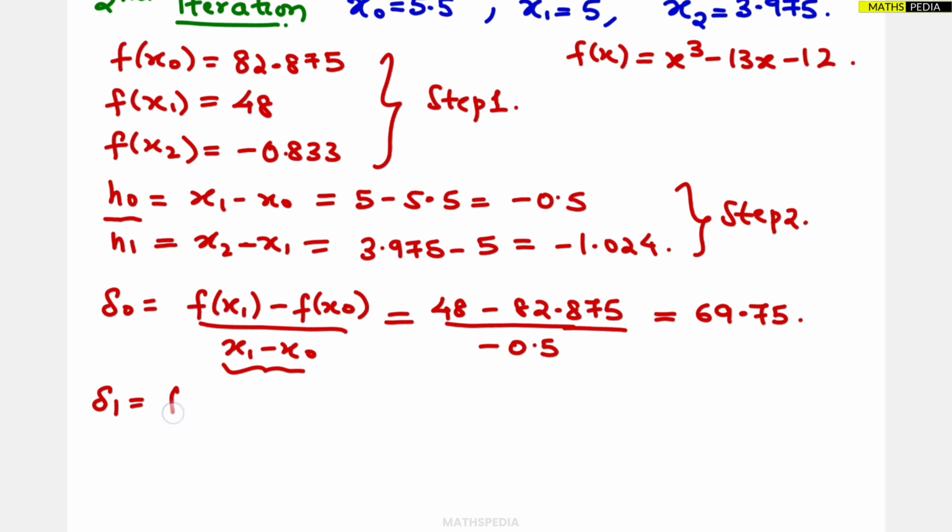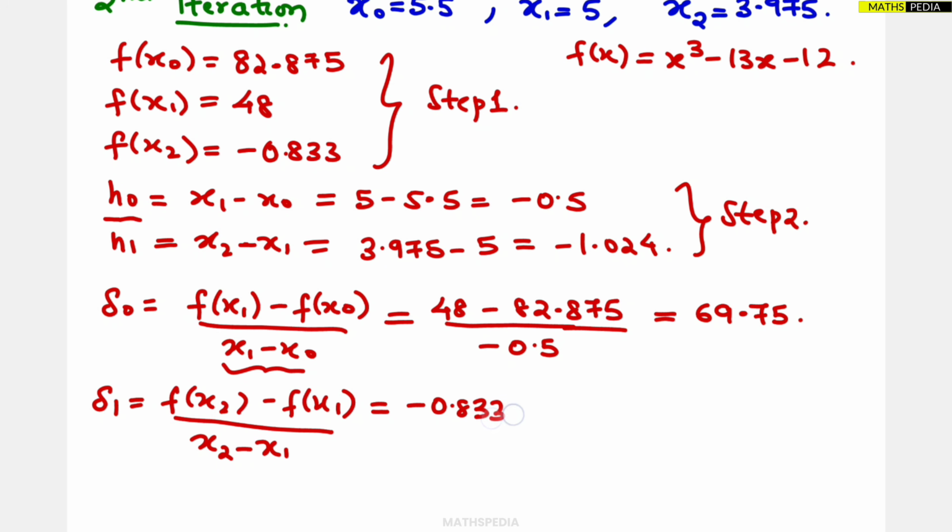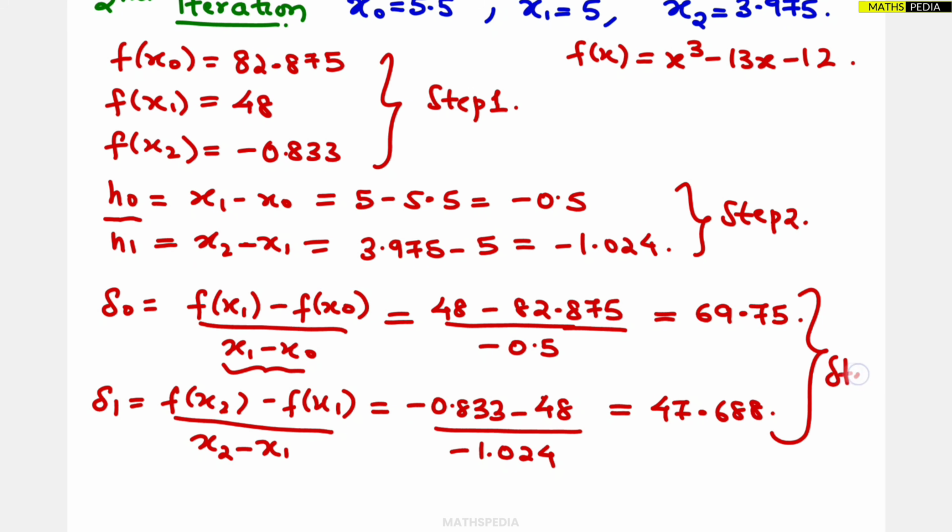Delta 1 is f of x2 minus f of x1, whole divided by x2 minus x1. What is the value? Minus 0.833 minus 48, whole divided by x2 minus x1, which is minus 1.024. We are getting delta 1 as 47.688. This is the answer we are getting. This is step number 3.